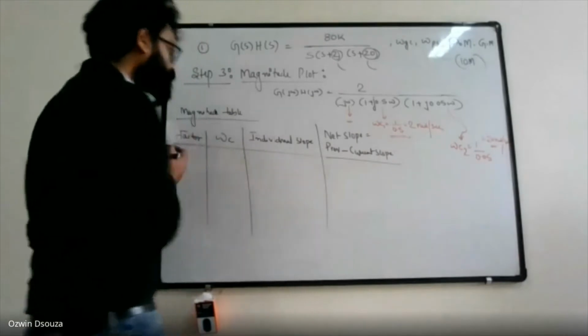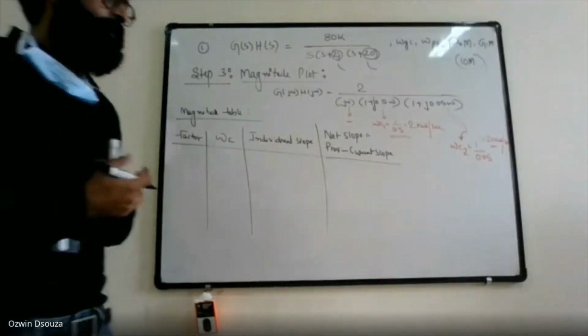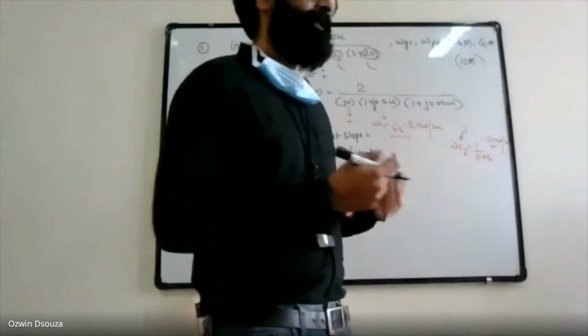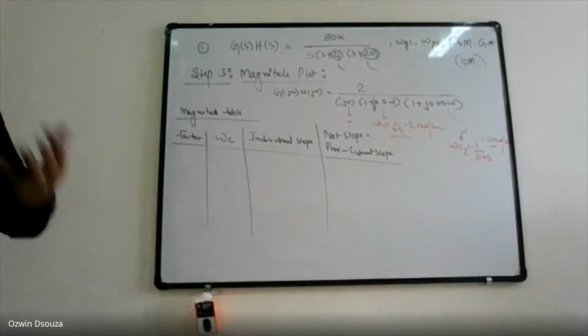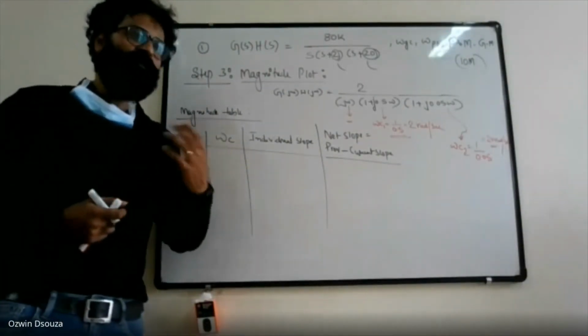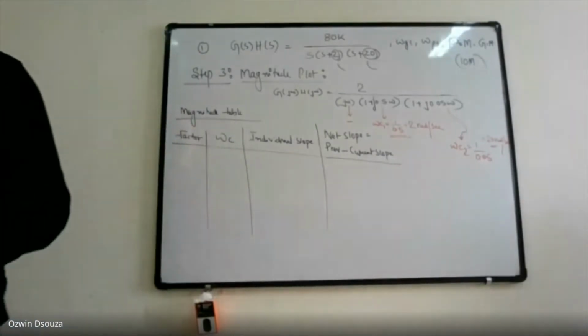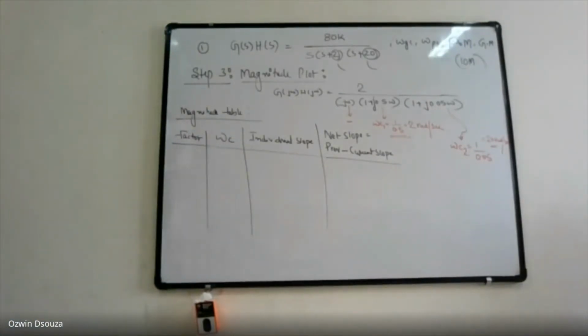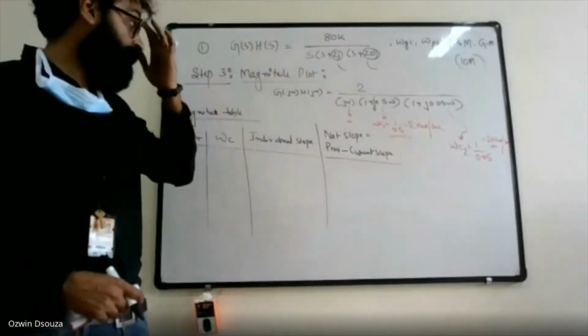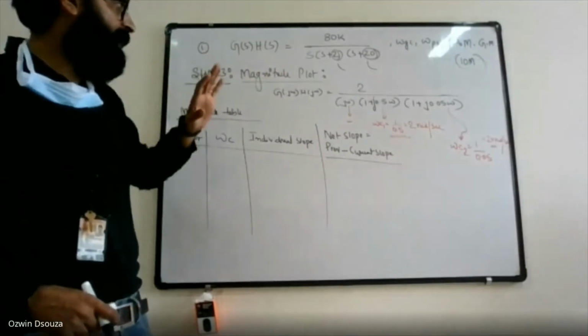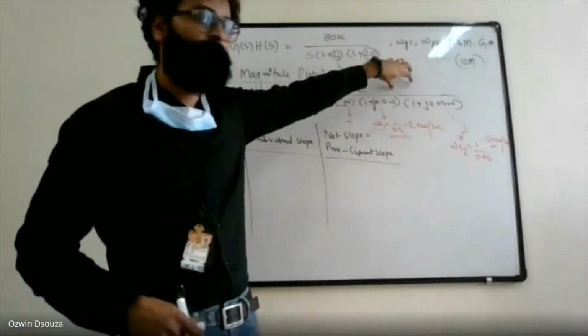Now, what do you mean by factors? You remember, I was saying that a typical open loop transfer function can have different factors: simple pole, simple zero, first order pole, quadratic zero, etc., etc. So those are nothing but factors. So what you have to do is you have to identify the factors in this particular transfer function. So as you can clearly observe that there are no zeros, right?